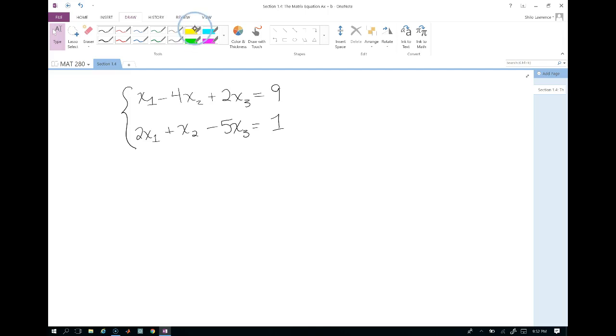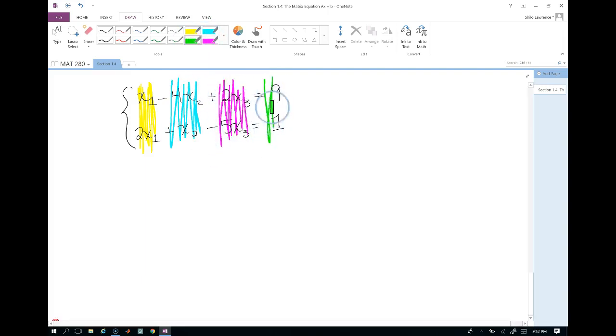So if you look at what we've got, x1s lined up, we've got x2s lined up, we've got x3s lined up, and then we have solutions lined up. Each of these pieces is going to be separated out into their own little vector.